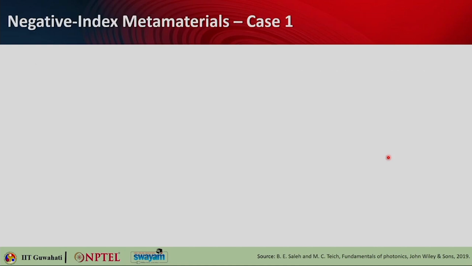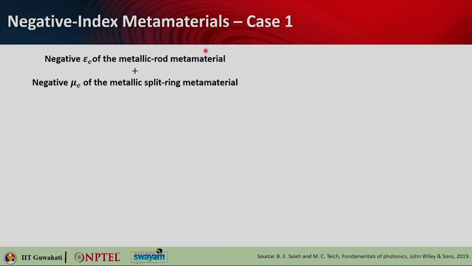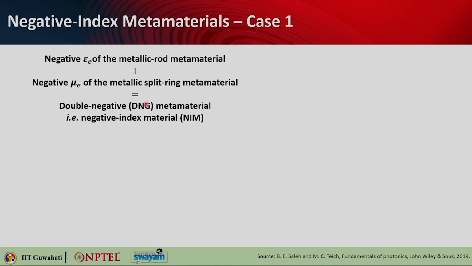Okay, now let's move on to the next case where you have negative index metamaterial. Now as I told you, negative index will have negative effective permittivity of the metallic rod metamaterial. You can take that and add a negative permeability of the metallic split ring resonator kind of metamaterial that you have seen, and when you combine these two structures together you will be able to get a double negative DNG metamaterial.